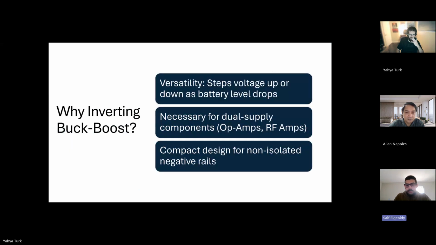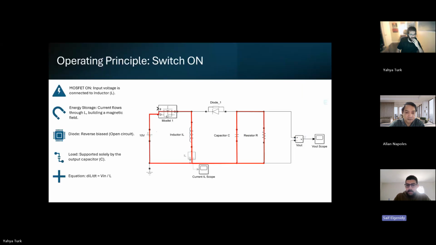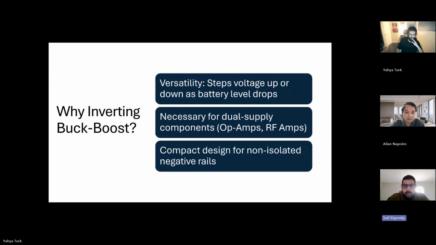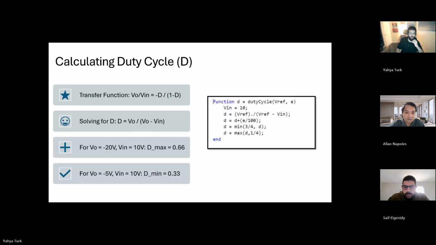As we can see in the next slide, the duty ratio represents the fraction of time the switch will remain on during one switching period.